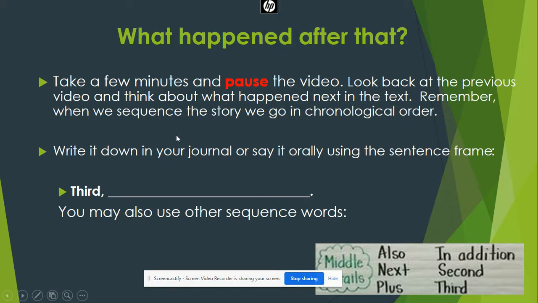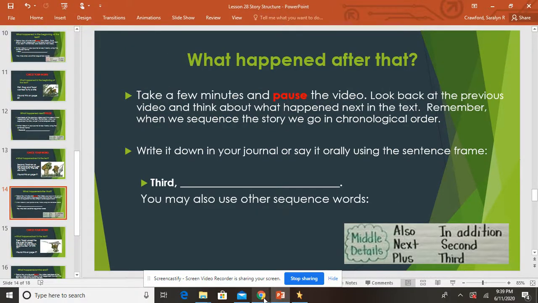Now we're going to think of another detail. So what happened after that? So we could write third, also, next, in addition, or we could even write then. So let's look back at our book.